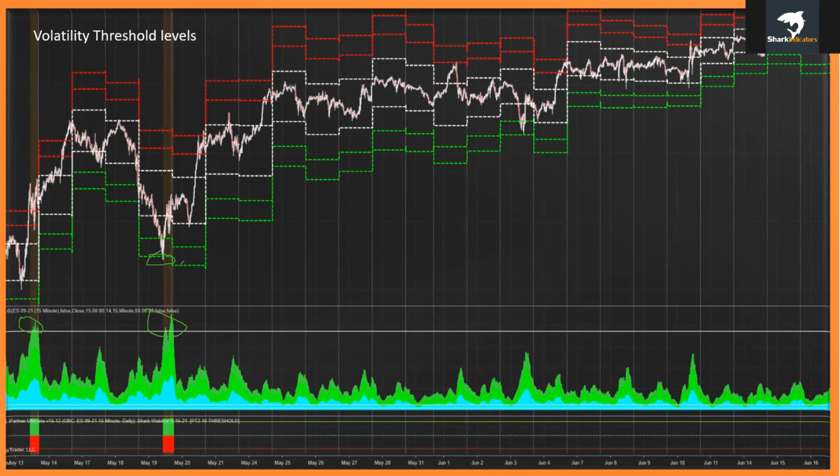Here's your daily PT3 high volatility strike, and you just wait for that deceleration. Volatility's mean reverting. So we have a normal base, spike, spike, spike, and then it decelerates back into the base, and that's when that puppy starts taking off.